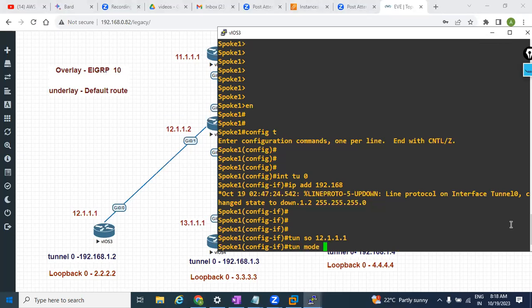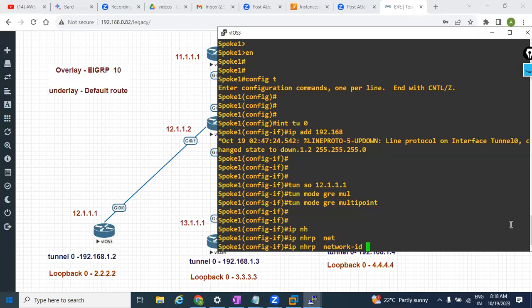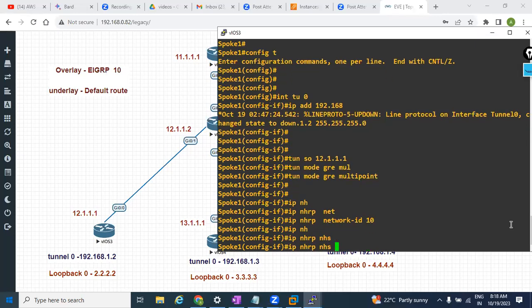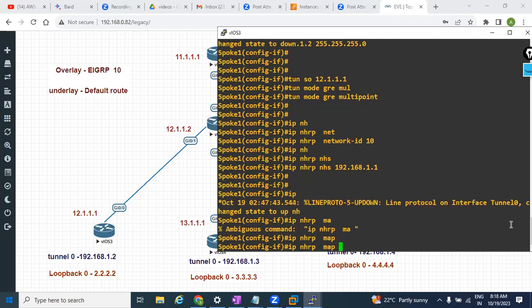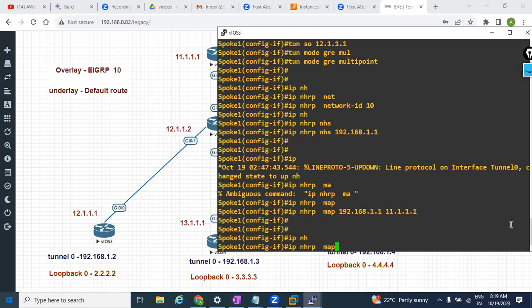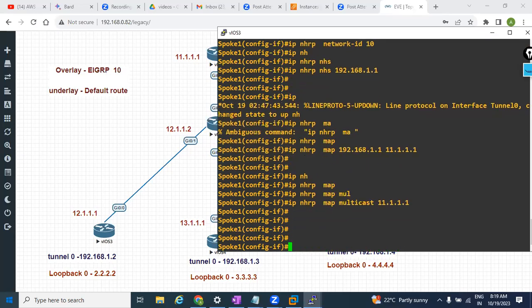Tunnel mode GRE multipoint, IP NHRP network ID 10, IP NHRP NHS 192.168.1.1, mapping with the same 11.1.1.1 here, IP NHRP map multicast. How this multicast will be there with 11.1.1.1.